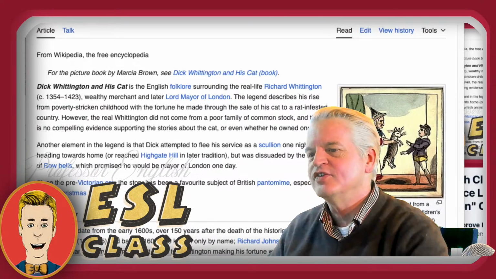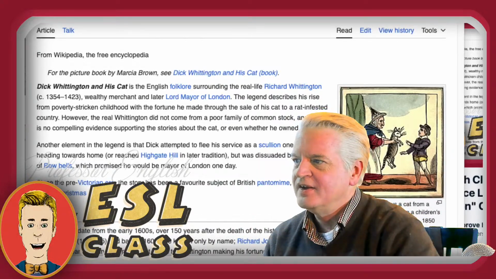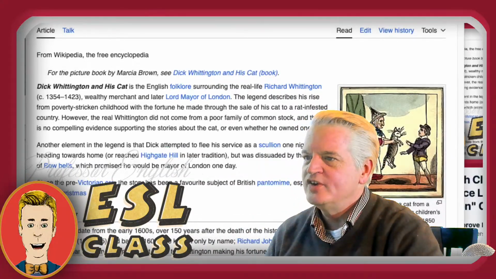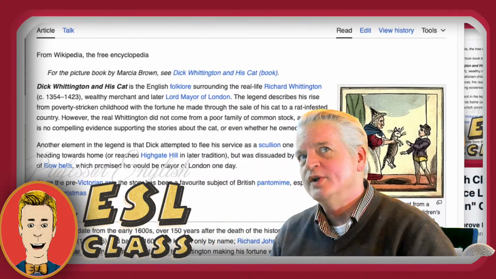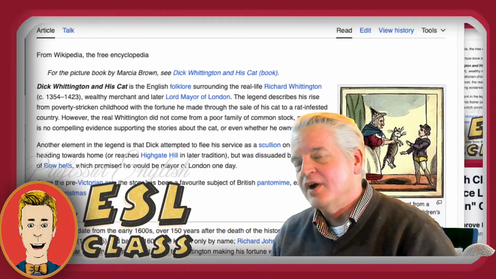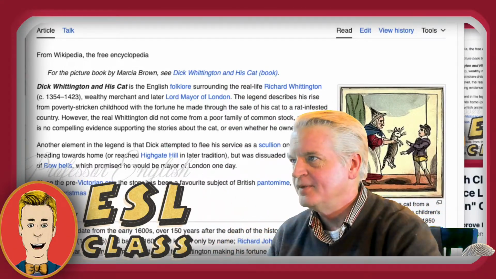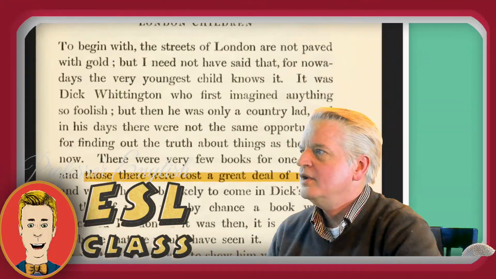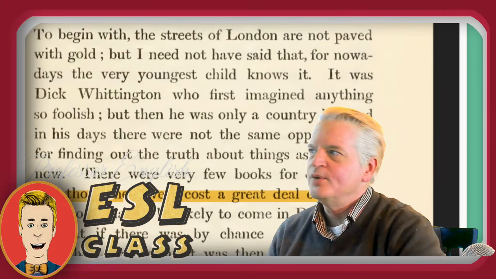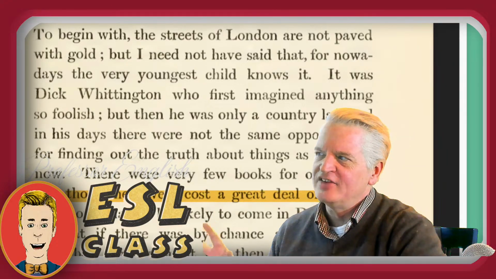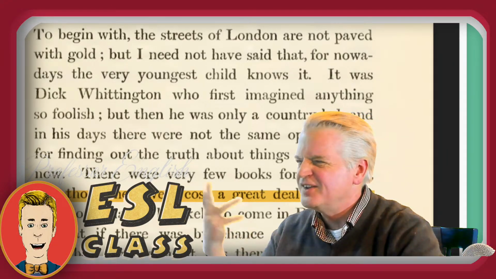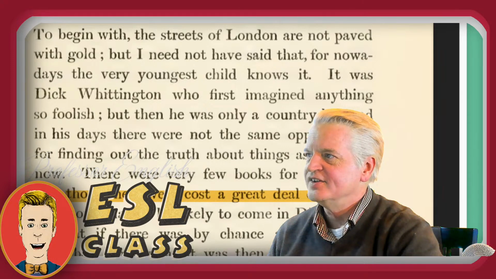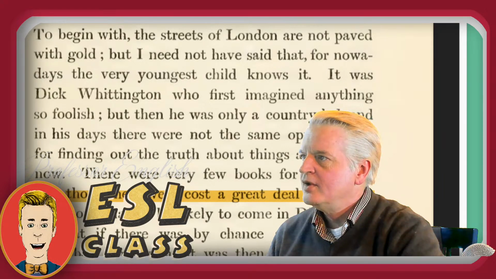So I guess he was the first person to say that London's streets were paved with gold, which means it's a wonderful city where you can become rich, or things are magical there, something like that. So it was Dick Whittington who first imagined anything so foolish, anything so stupid, anything so ridiculous as that.